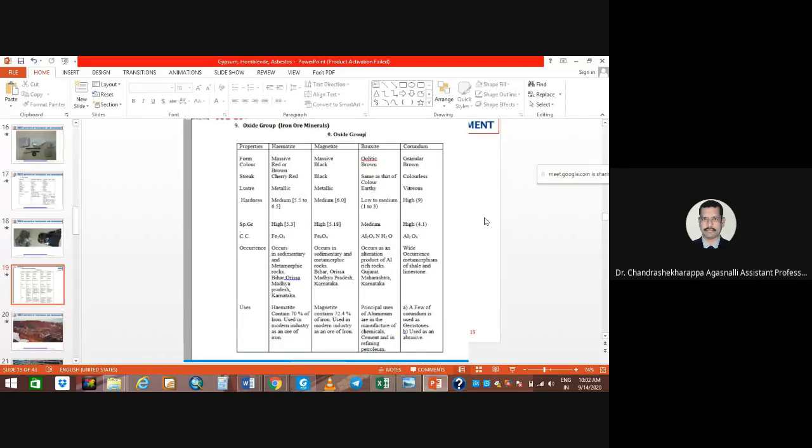If you are going to carry out a hematite mine, what environmental problems will you face, how will you monitor, rectify and control them, or minimize the environmental damage? All those things we put in front of the Government of India, that is, the Indian Bureau of Mines, and they approve the mining plan.